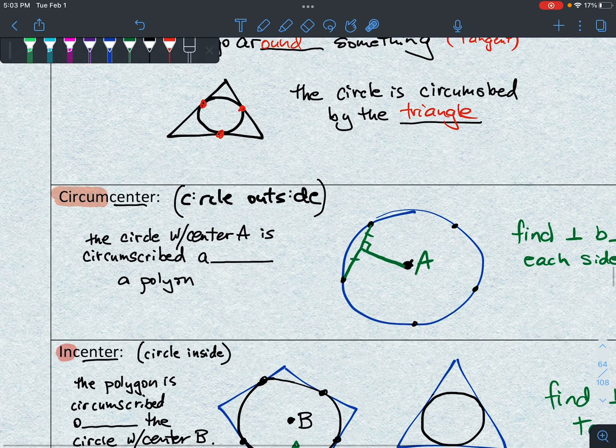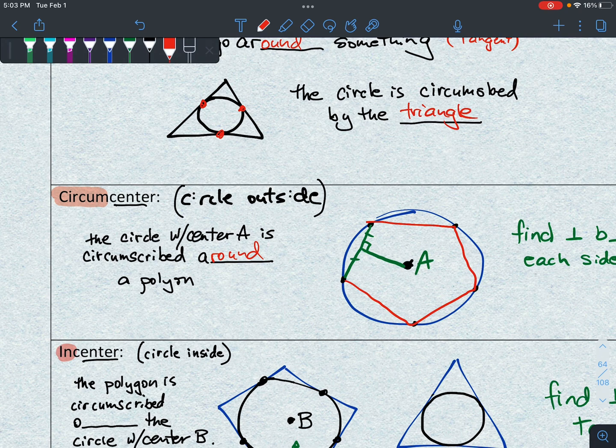Now then we can talk about the circumcenter and the in-center. All right? So what is a circumcenter? So the circle, again, is on the outside. The circle with center A is circumscribed around a polygon. Where is the circumcenter? This is something that we're going to be talking about in the future.